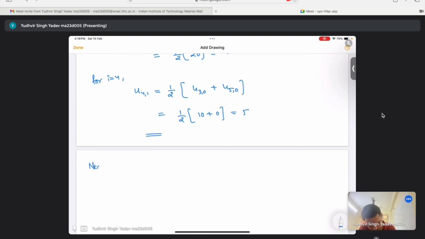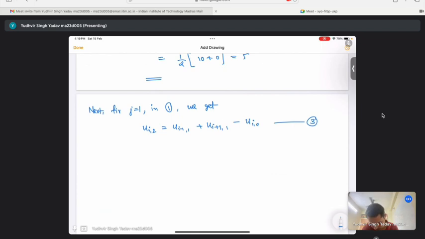Next, we will fix j equals 1 in equation 1, and we will get ui,2 equals ui-1,1 plus ui+1,1 minus ui,0.